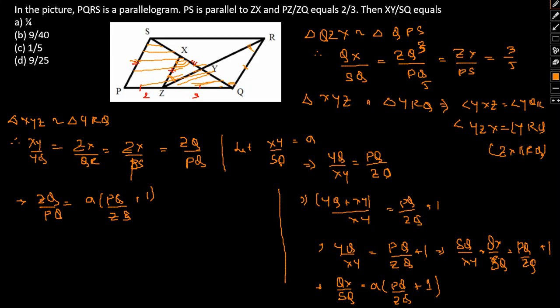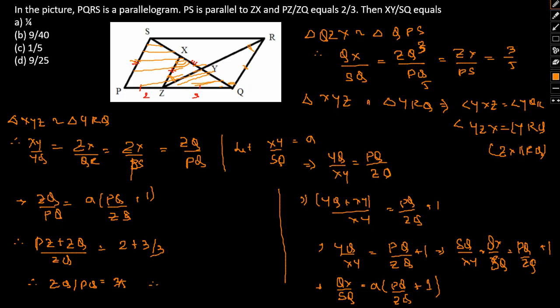Now we know that ZQ by PQ is 3 by 5. PZ by ZQ is 2 by 3, so PZ plus ZQ by ZQ equals 2 plus 3 by 3. Therefore ZQ by PQ equals 3 by 5.